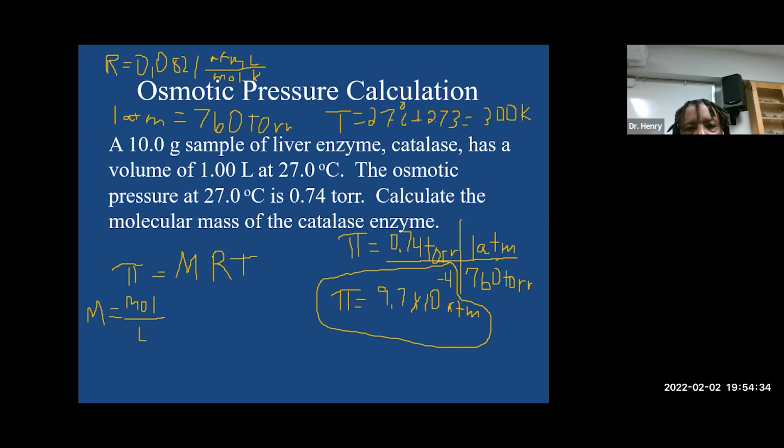I'm going to use N over V to make it a little easier. N for number of moles, N over V. And we're given our volume, right?